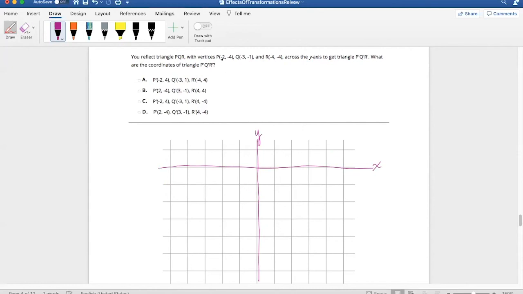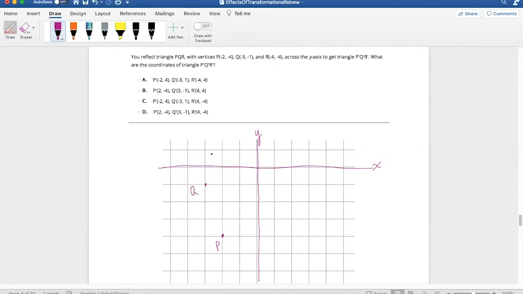Our original points were at -2, -4. Q is at -3, -1.